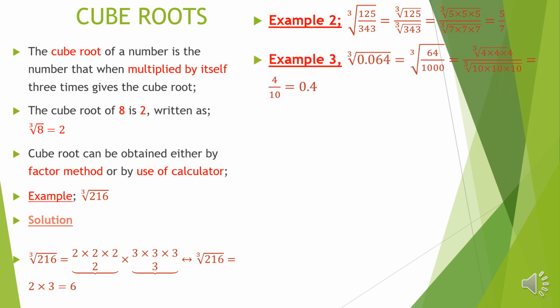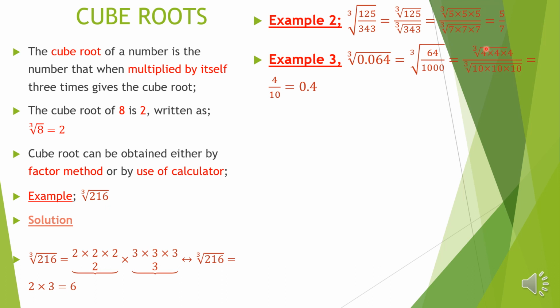Similarly, for a different example with a decimal, we have the cube root of 0.064, which is the same as the cube root of 64 over 1000. We are changing this number into a fraction. We can write 64 as 4 multiplied by 4 multiplied by 4, and 1000 as 10 multiplied by 10 multiplied by 10.